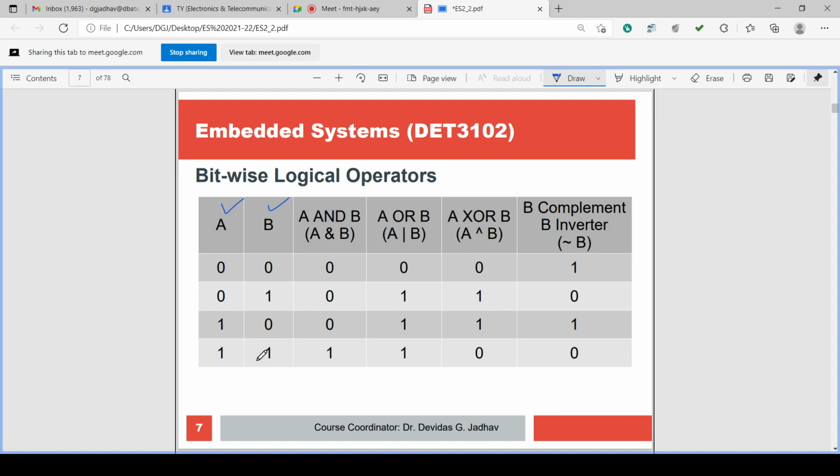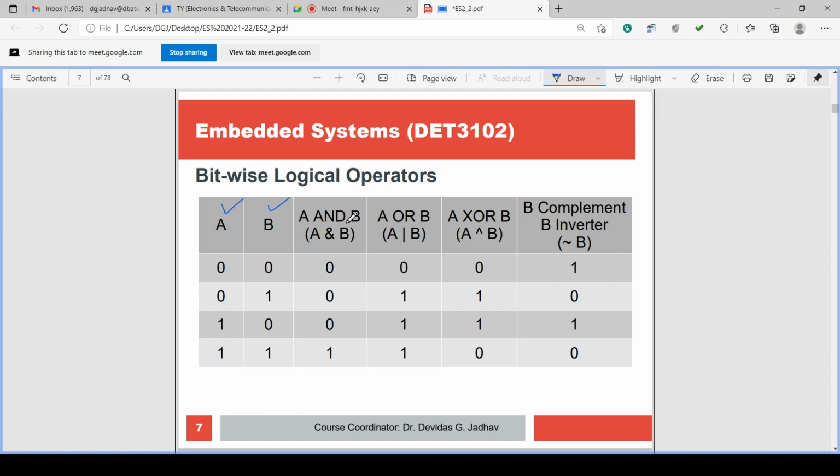In that case, suppose we have the A and B operation. In software we write A ampersand B. A is a variable name, B is a variable name, and there is an ampersand operation between them. That means A AND B, bitwise AND.